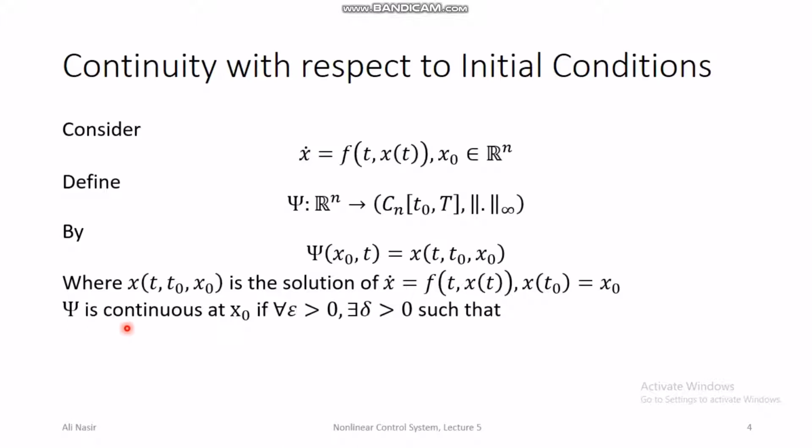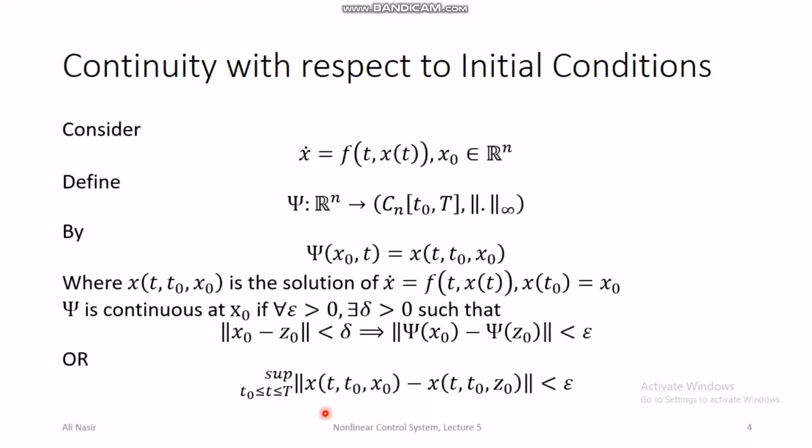We already know that psi would be continuous at x naught if for all epsilon greater than 0 there exists delta greater than 0, such that if the distance between x naught and z naught is less than delta, then this implies that the distance between psi of x naught and psi of z naught is less than epsilon. This is the standard definition of continuity of functions. We have already seen that.